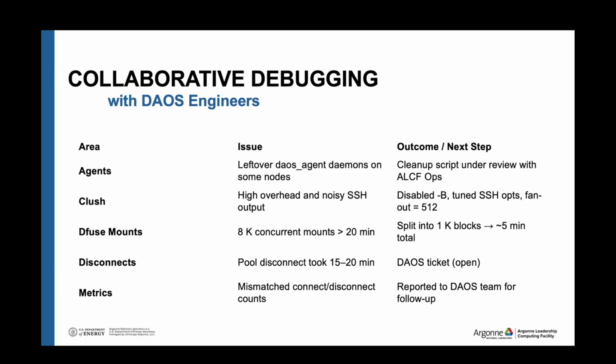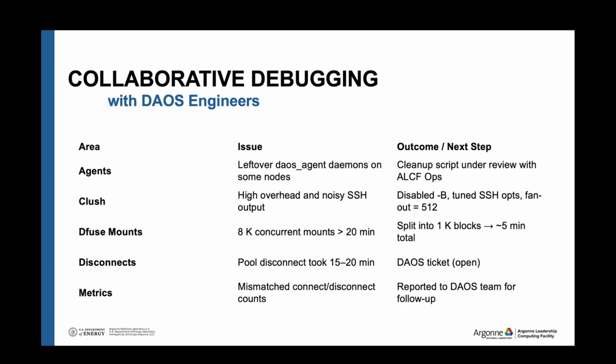We spent a lot of time debugging, right? There was a huge collaborative debugging effort that we did closely with DAOS engineers. Some of the things that we discovered over time were leftover agents, daemons running on some of the compute nodes. So we worked with LCF and operations to try to identify things and improve cleanup scripts.